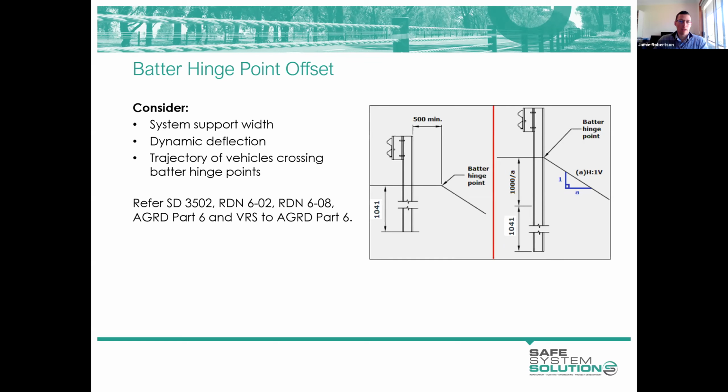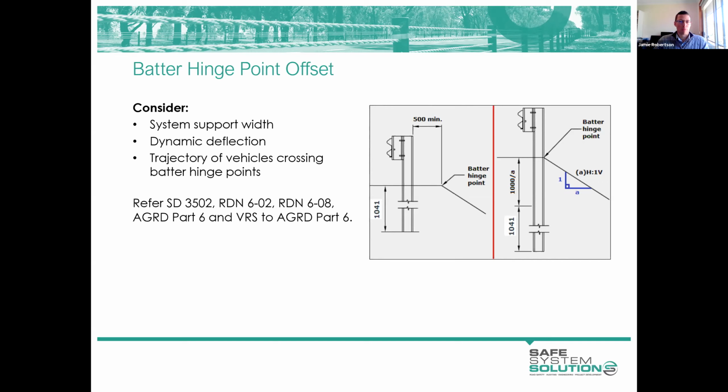So in the case of guard fence, any guard fence system, minimum 0.5 metre from the hinge point. We can get closer and install a guard fence even up to the hinge point. That might be a public domain guard fence or a proprietary flexible W-beam system.